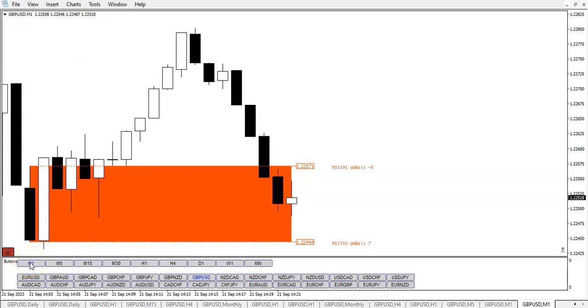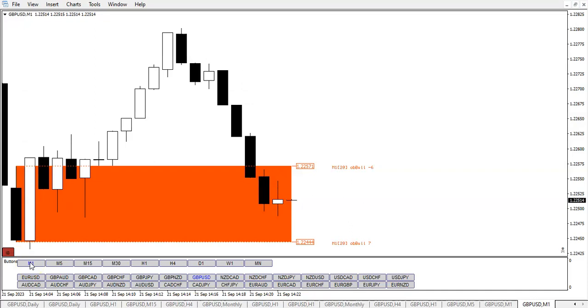Would have been good for a few pips. And that's why you take your pips quickly here. And looks like we're coming out of that order block again. So once again, the launch pad's paying off.